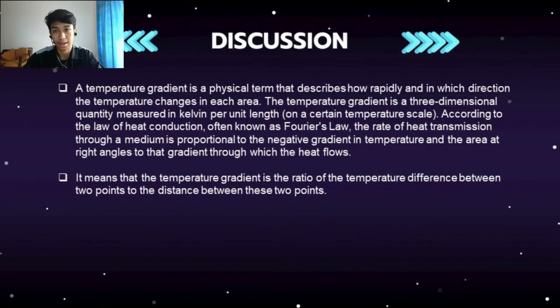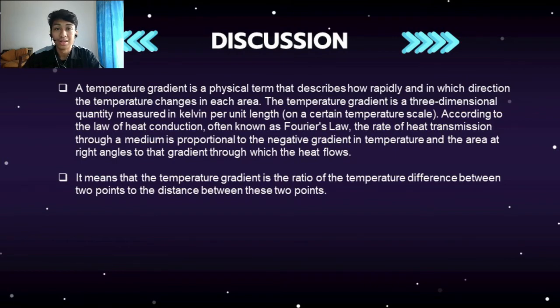What does this mean? A temperature gradient is a physical term that describes how rapidly and in which direction the temperature changes in each area. The temperature gradient is a three-dimensional quantity measured in Kelvin per unit length on a certain temperature scale.